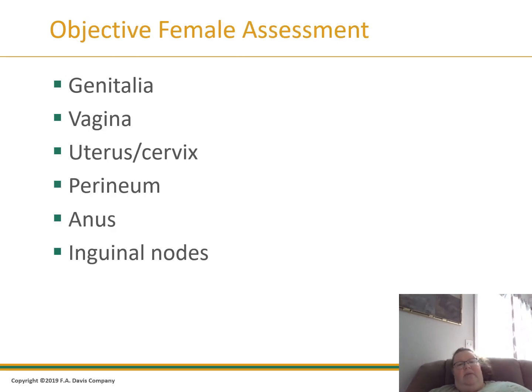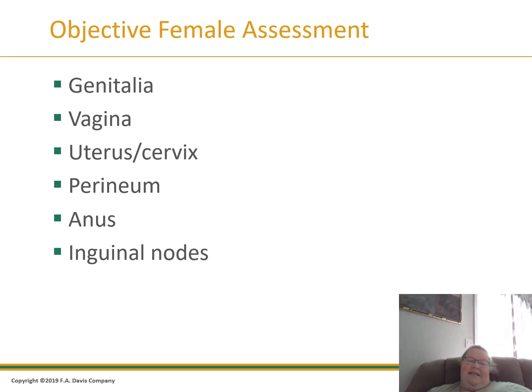Objective female assessment is what is the genitalia like? Sometimes they have skin tags, sometimes you see vaginal warts, sometimes you could see tears or visible abuse. What's the vagina like? The uterus and cervix, is it visible? When we don't really look at the uterus or cervix, that would be something that the physician looks at.